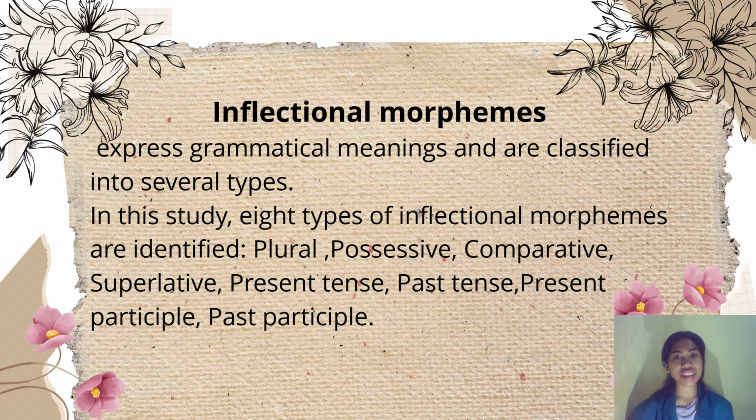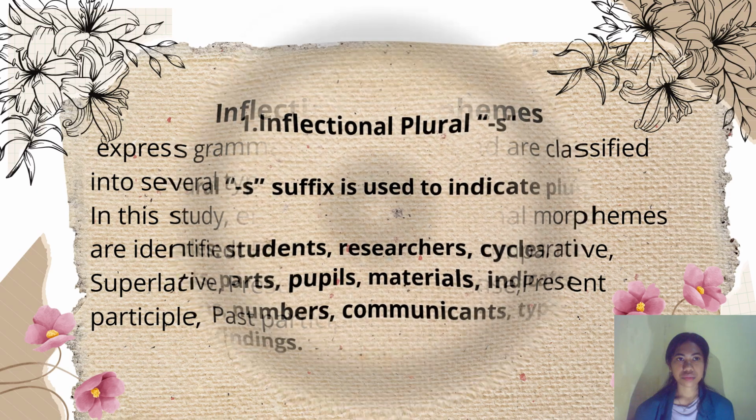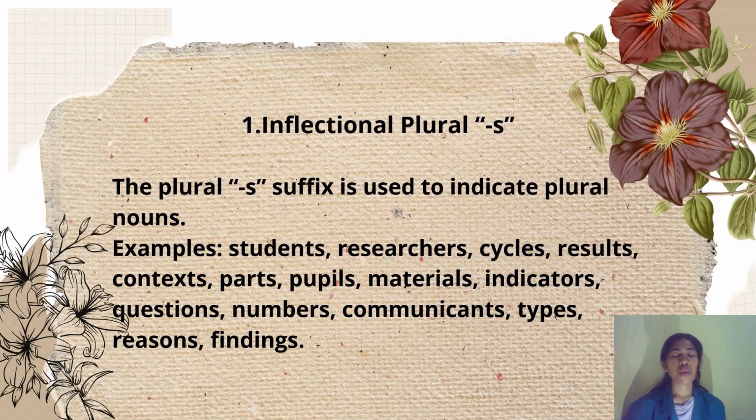In this study, 8 types of inflectional morphemes are identified: plural, possessive, comparative, superlative, present tense, past tense, present participle, and past participle.